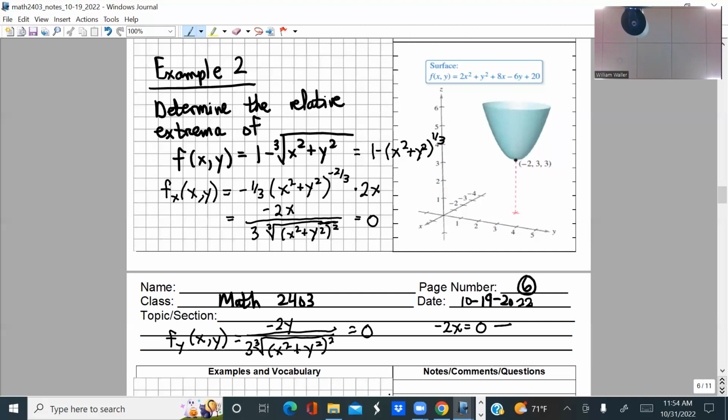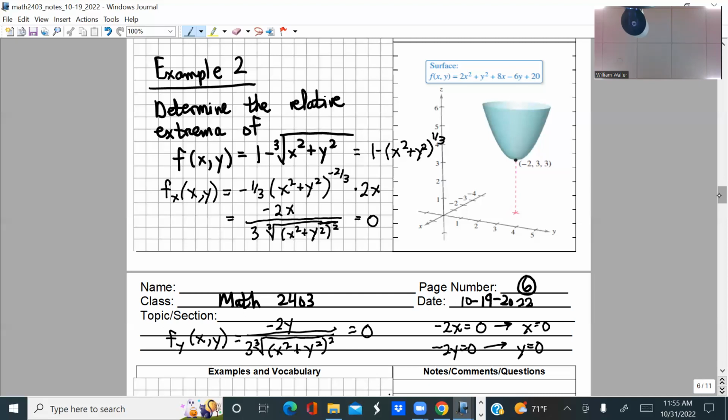But that means immediately what? x is equal to 0. Same thing here. If this fraction is equal to 0, that means the numerator has to be 0. So minus 2y has to be 0, but that means y has to be 0. Oh, so there's our simultaneous solution.